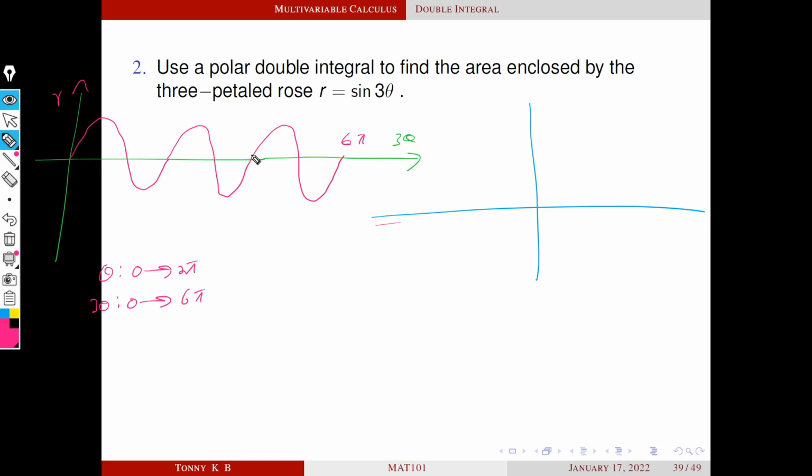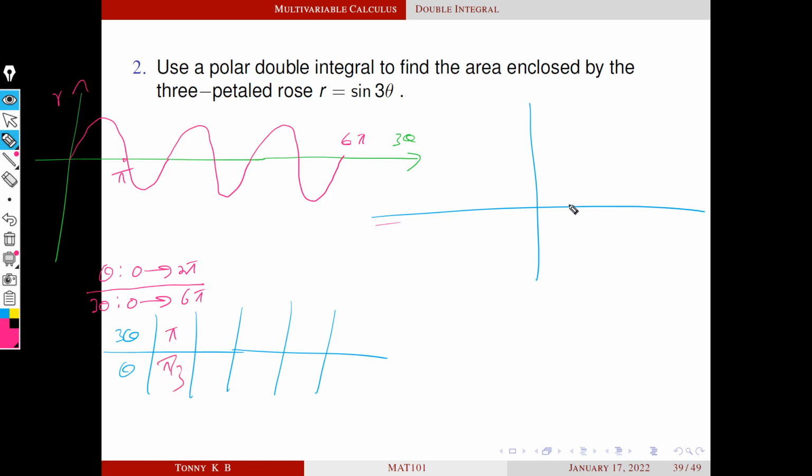So in the interval 0 to 6 pi, the behavior of sine 3 theta when theta is varying from 0 to 2 pi is like this. What about this point? This is pi. So 3 theta equals pi means theta equals pi by 3.